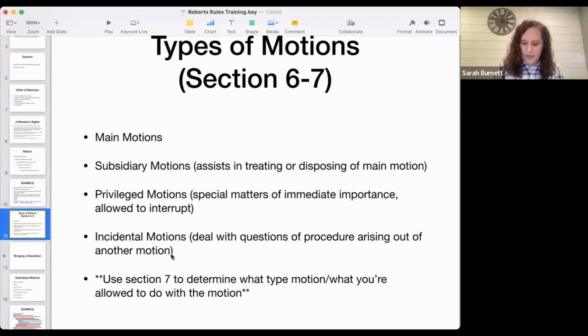Section 7, I'm flipping to it. Section 7 is just a page and a half. It demonstrates the standard descriptive characteristics of motions.